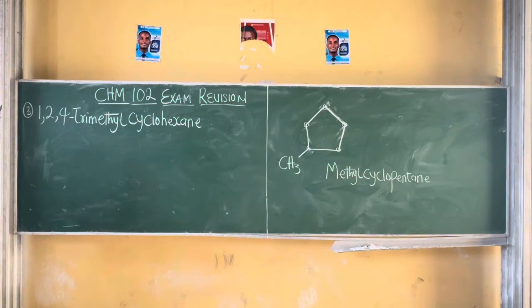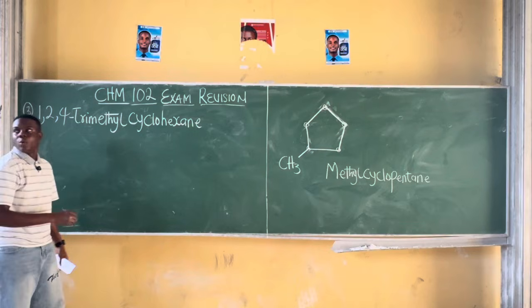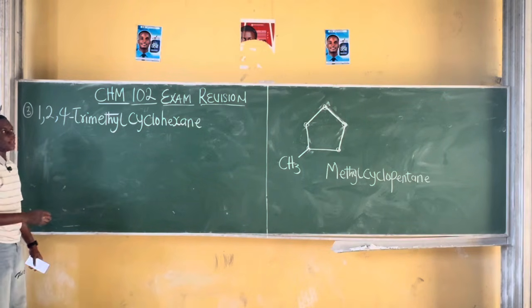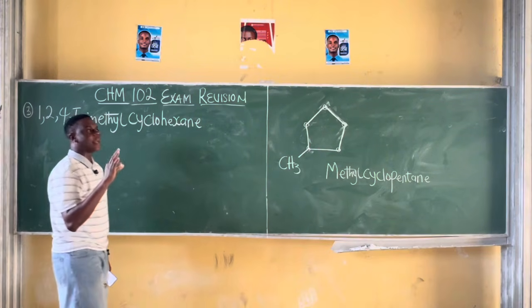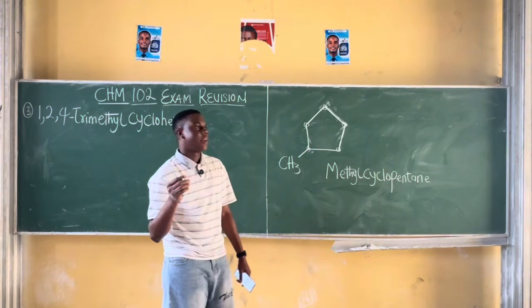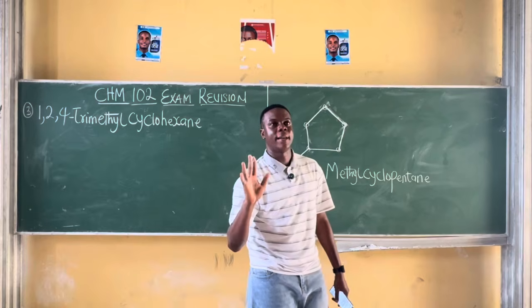Okay, so when you are given a name, you look: is this compound a cyclic compound? Yes. If it's a cyclic compound, how many carbons are in the ring here? 6 carbon ring, right?